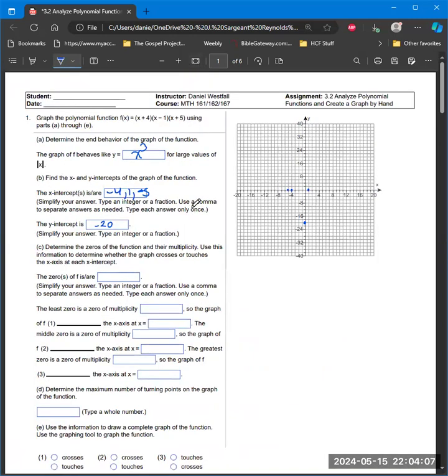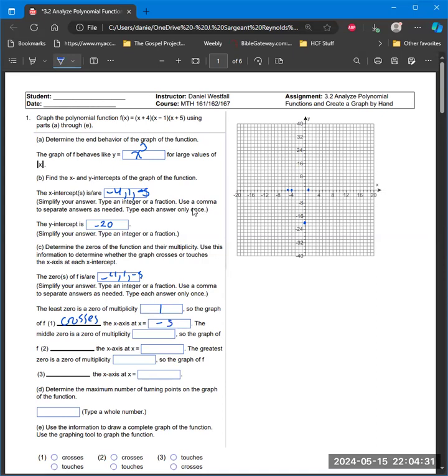The zeros of f are, again, -4, 1, and -5. The least zero is a zero of multiplicity 1, so the graph of f crosses the x-axis at x equals -5.